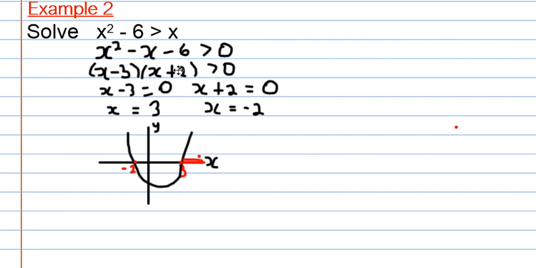That will be a positive number because you have a negative here and a negative here. So that is more than 0, so that will satisfy here as well. And that's where your y is more than 0, above the x-axis.